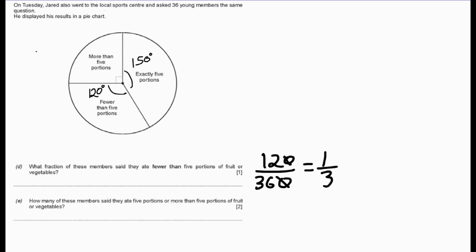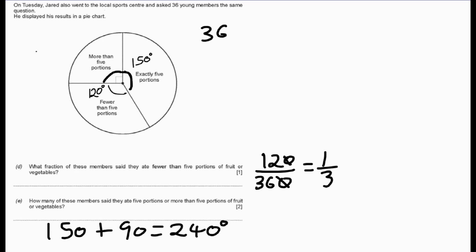For the next part of the question, how many members said they ate 5 portions or more than 5 portions of fruit or veg? In total, that's going to be 150 plus 90, which is 240 degrees. Now we want to essentially work out the multiplier. We want to work out how many people every degree is worth.